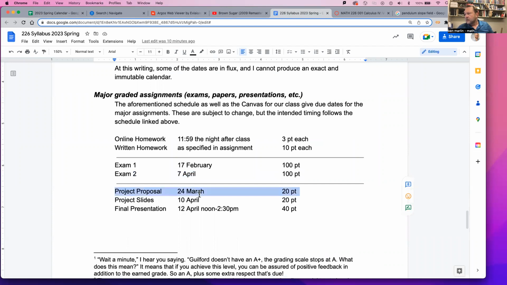Then your project proposal: I want you to propose something to me that you intend to do. Oh, I should have made those add up to 100, shouldn't I? Oh, well. You are looking for something that is applied and which involves some vector calculus and/or some differential equations. If what you're presenting about doesn't contain something from this class, please don't present it for this class.